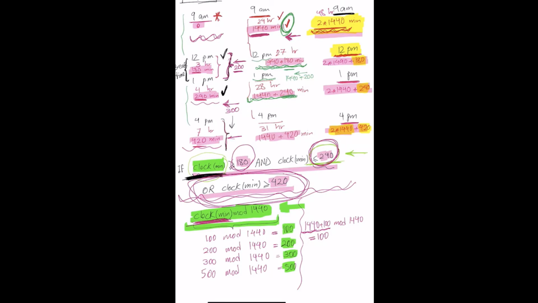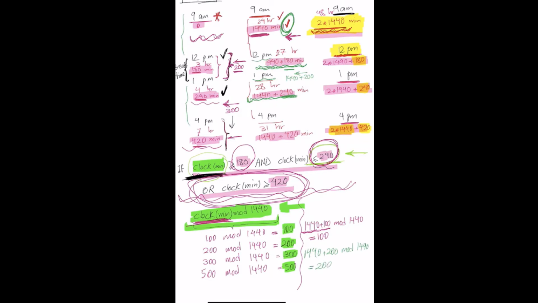That means I'm somewhere between 12 noon and 1 p.m. in day 2. And if I call that number, 1440 plus 200 in day 2, mod 1440, then obviously that is going to return 200 for me as the remainder, right?